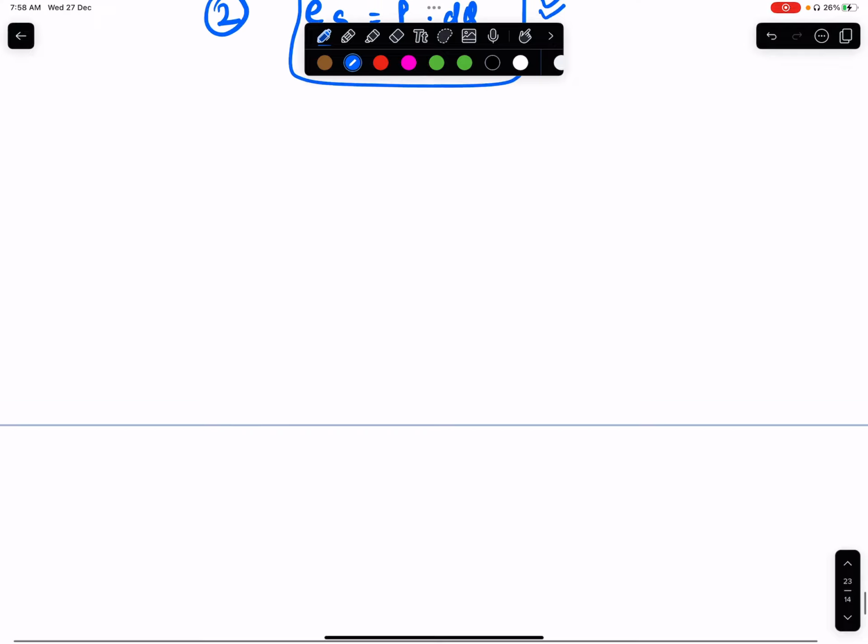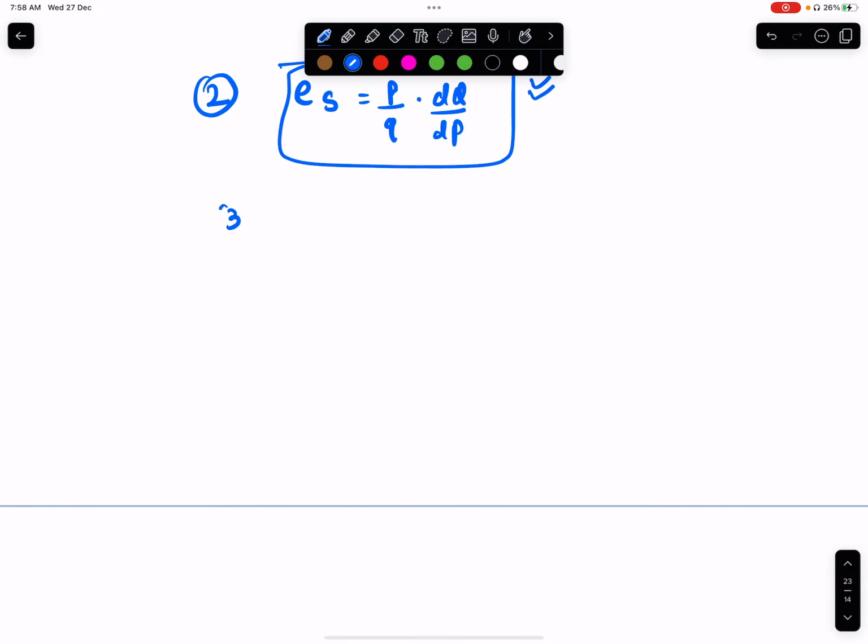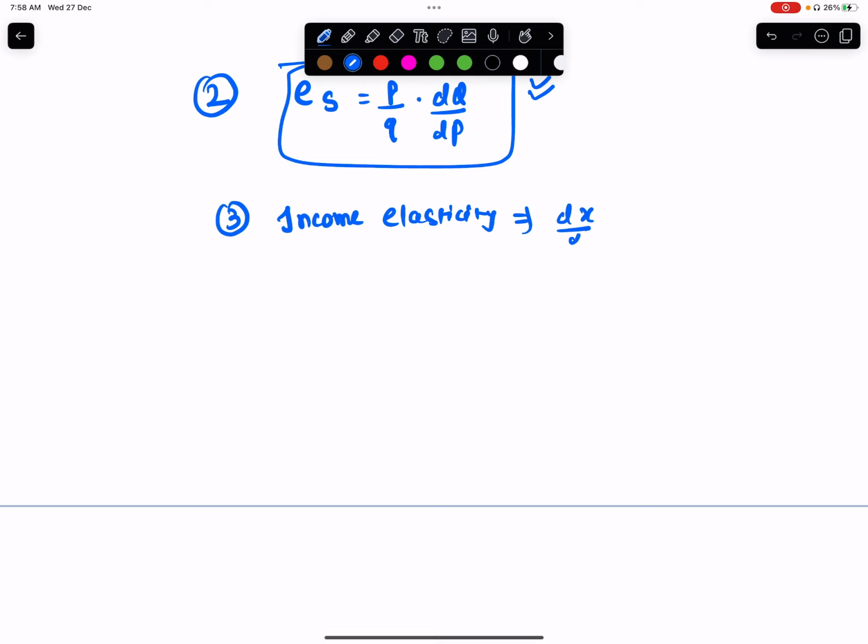Now income elasticity, what is it? Income elasticity is also the same: Ey equals Y by X into dX by dY.